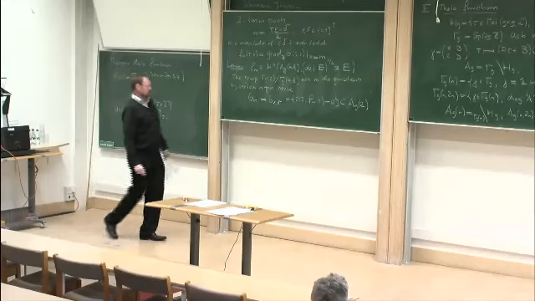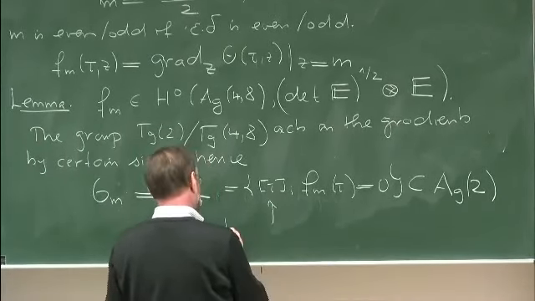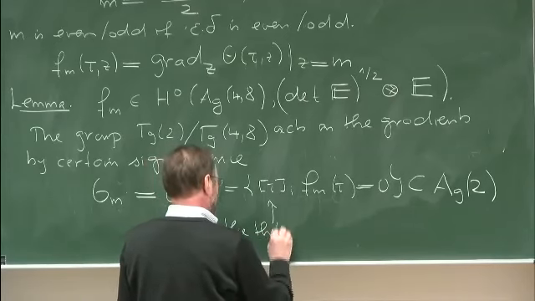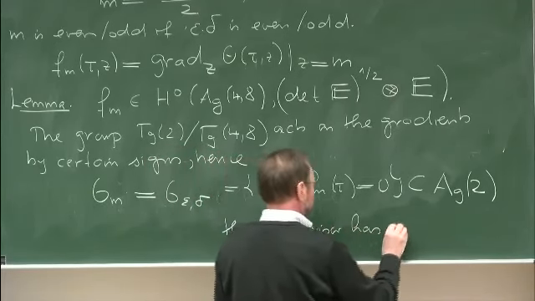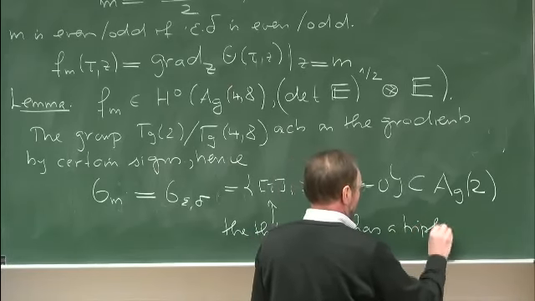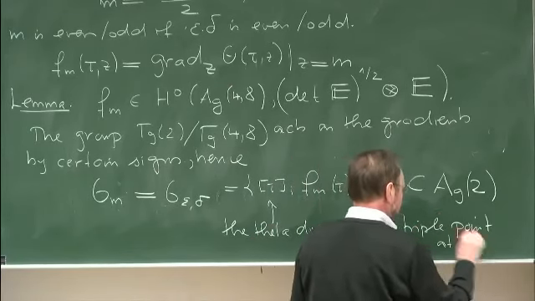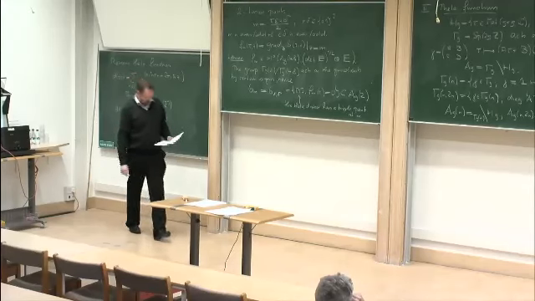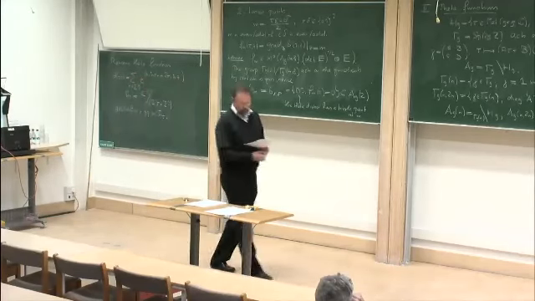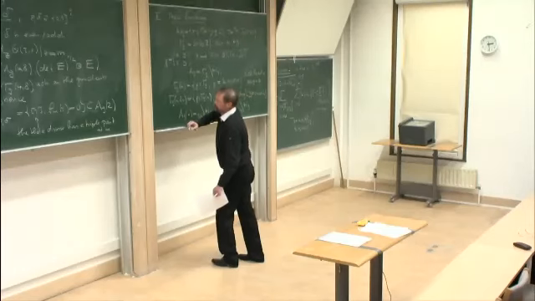And the meaning is that the theta divisor has a triple point at m. And then I can push that down to A_g.